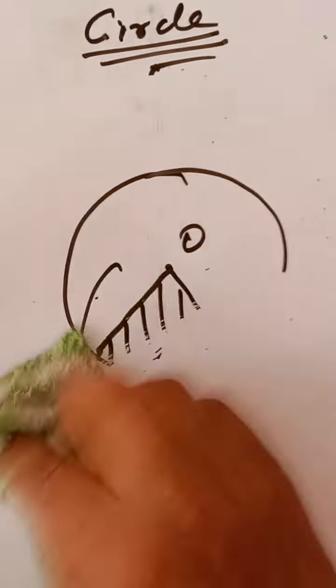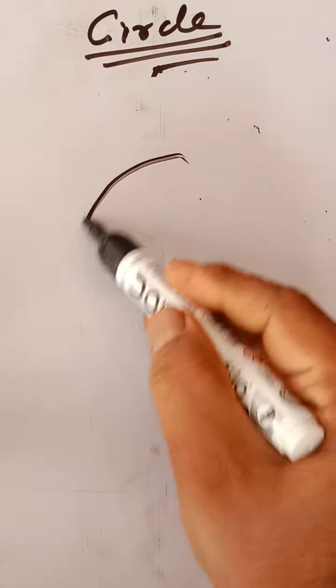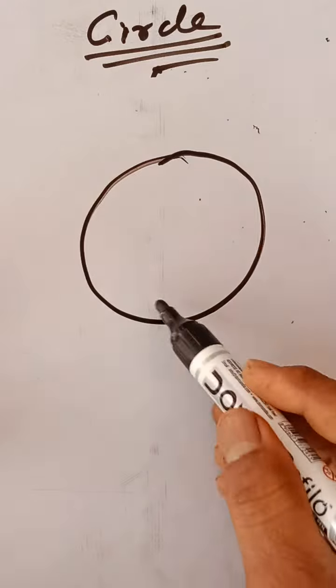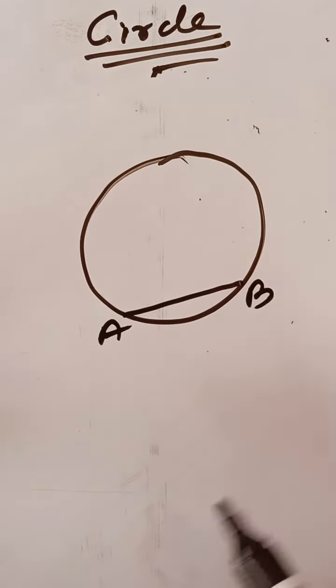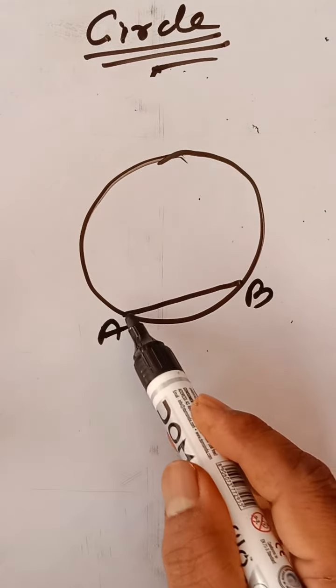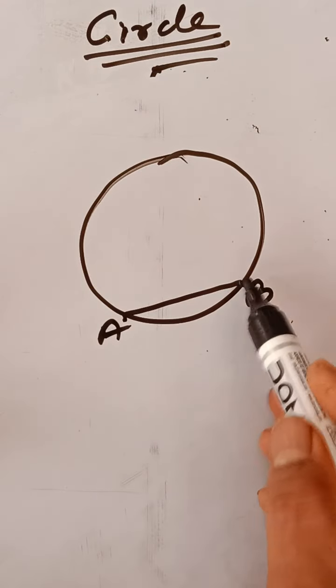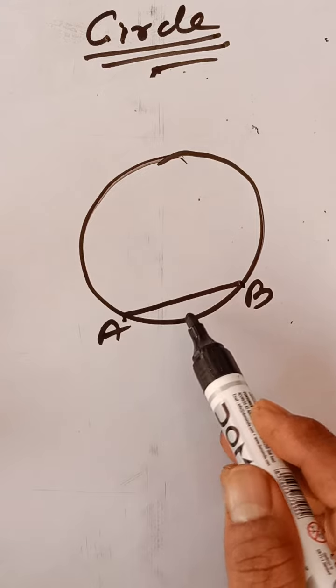Now we will see, this is a circle, this is chord. We have already read about it. A line segment whose endpoints lie on the circle are called chords.